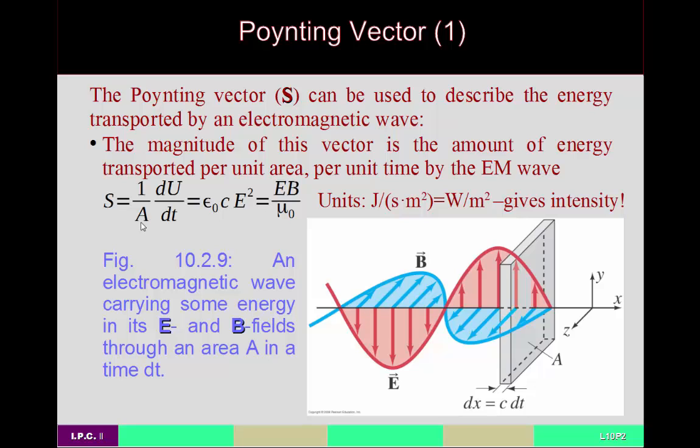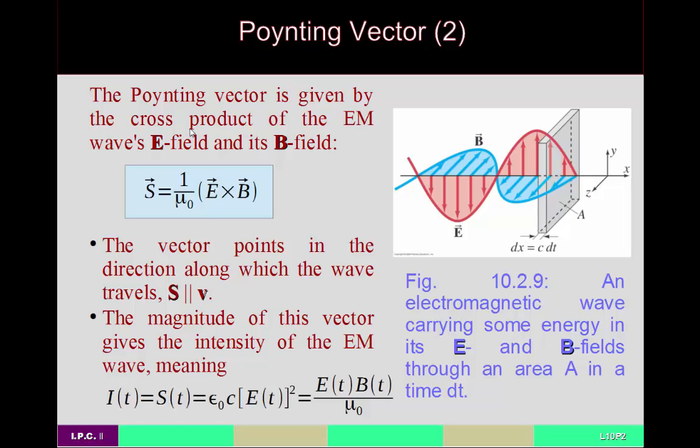Well, 1 over A times dU/dt is going to be epsilon naught c times E squared, and thanks to the relationship that we have between E and B, that can also be EB over mu naught. So basically this gives the magnitude of the Poynting vector, or the magnitude of the intensity of this wave.